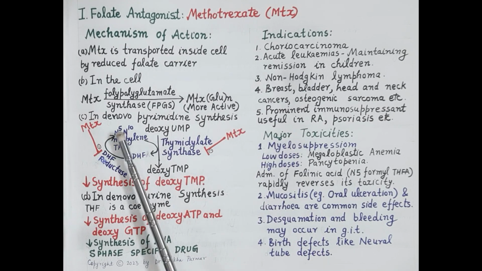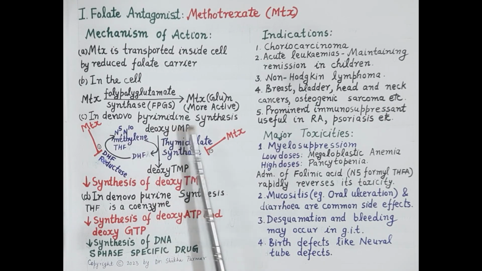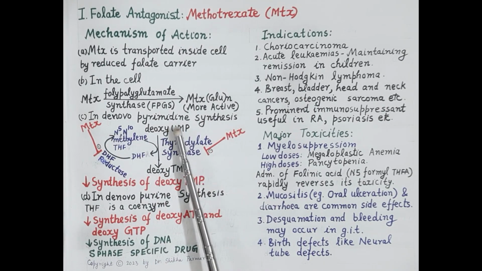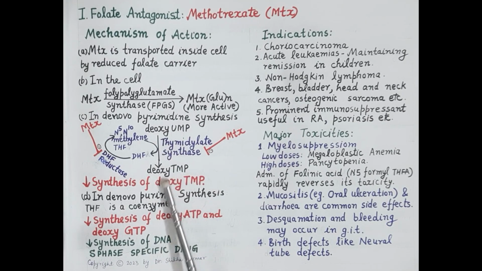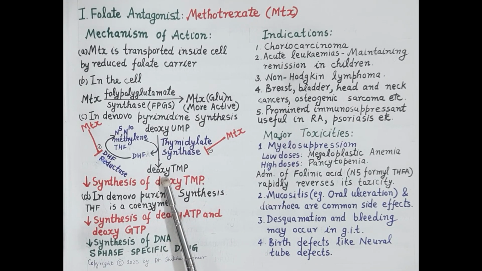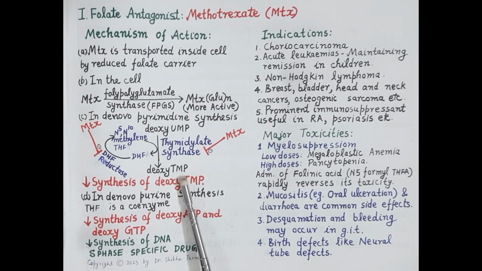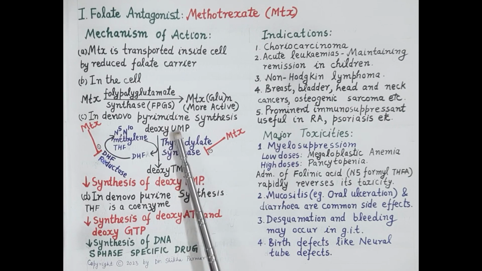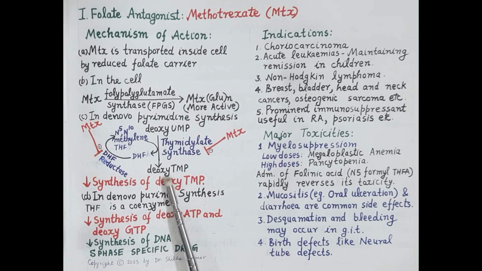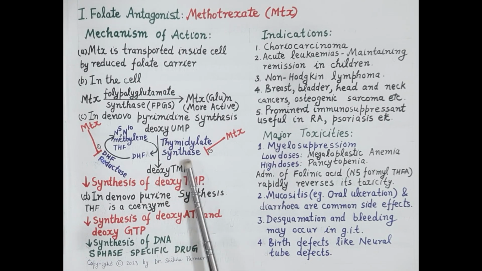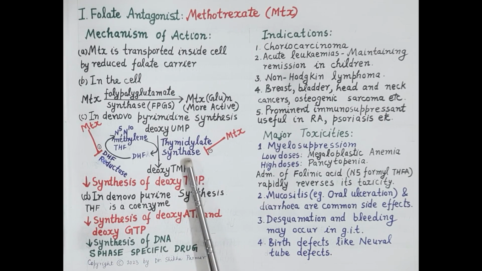Now let's first talk about the de novo pyrimidine synthesis. Now this is a reaction. It shows the synthesis of pyrimidine nucleotide, that is the deoxythymidine monophosphate. Now, during the synthesis of deoxythymidine monophosphate, this deoxyuridine monophosphate is converted to deoxythymidine monophosphate by the enzyme thymidylate synthase.